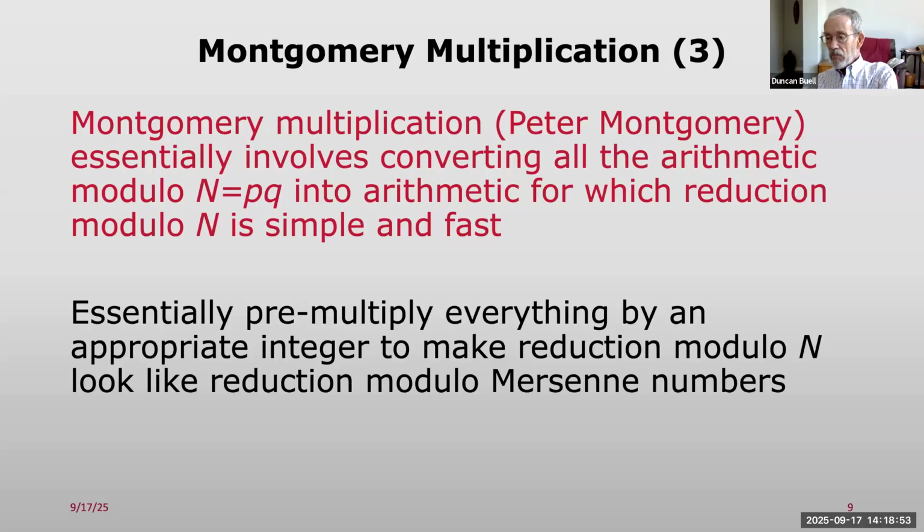And then suddenly you can use the Mersenne trick to make the reduction, the division, which would be horribly expensive. Integer division is done bit by bit. And if you've got 4096 bits, that would be totally unacceptable.